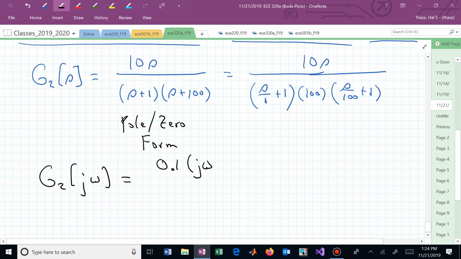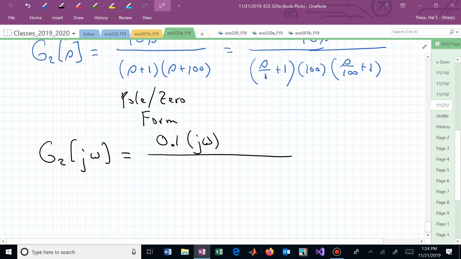I have j omega, a j omega factor. That's a 0 at the origin. It's on the imaginary axis. And then I have the two pole factors, j omega over 1 plus 1 and j omega over 100 plus 1.